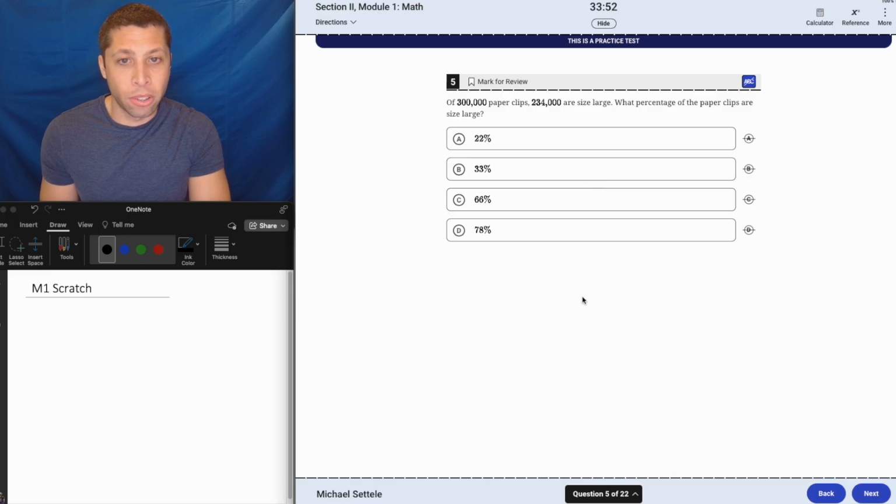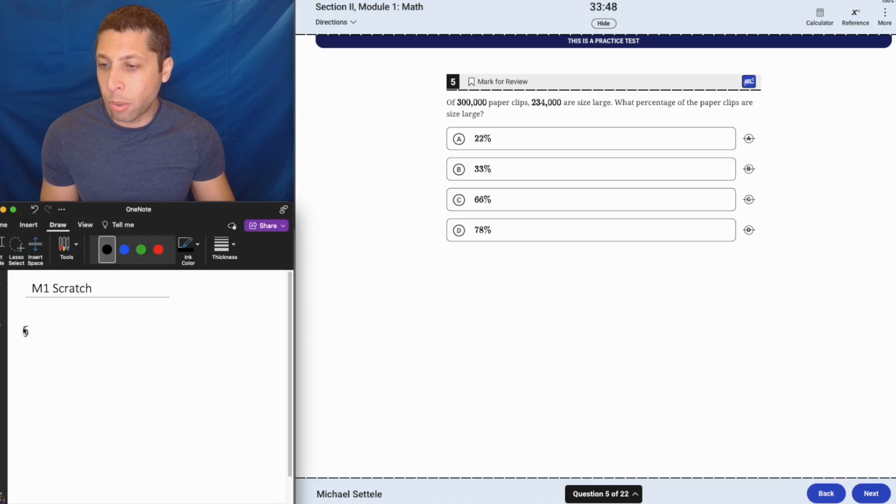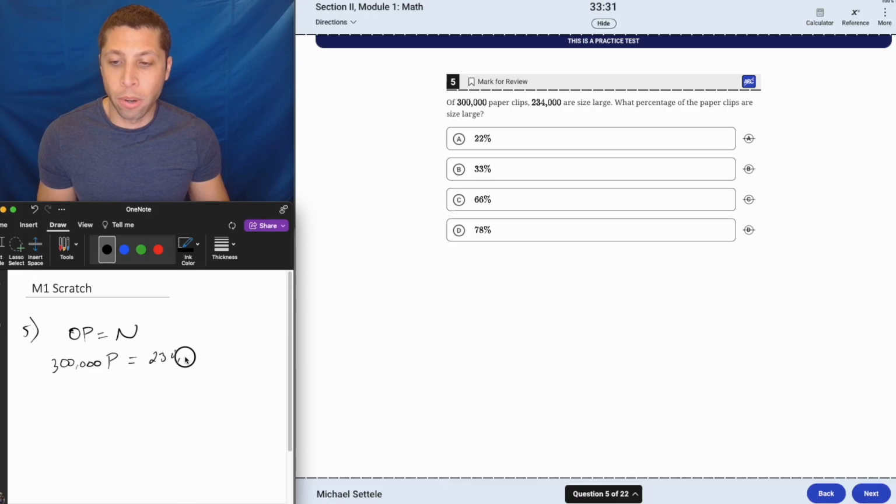What percentage of the size? Okay. So here, anytime there's percents, I don't care how easy the question is, I'm always going to my percent formula because I'm always afraid of making a mistake. So of the 300,000 paper clips, "of" is always pointing me to my original number. We don't know the percentage, so that's our P. And then our new value is 234.